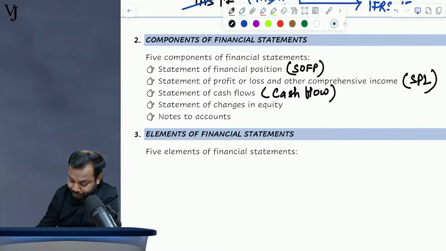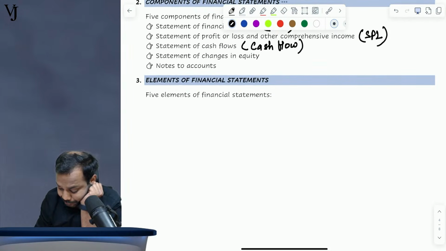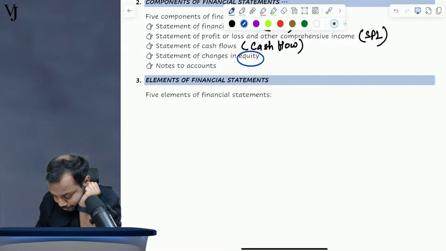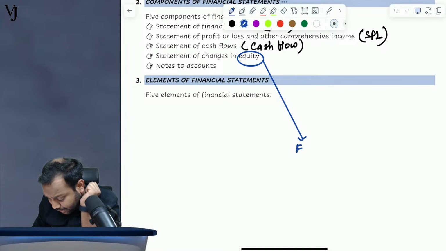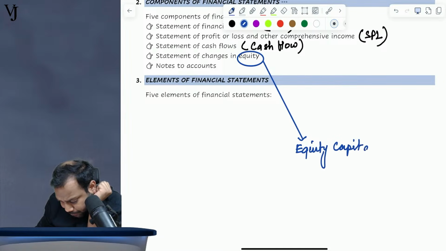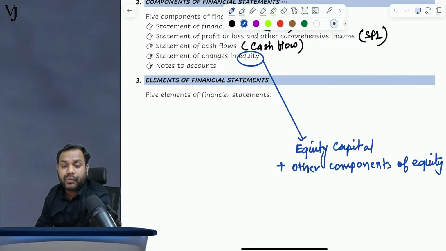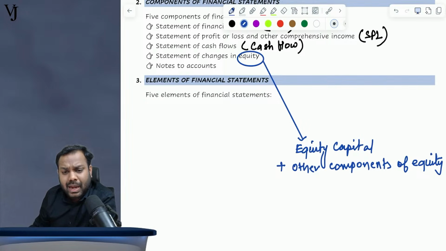Now understand. I need space. Okay, I'll write here. Understand this equity. Equity means equity capital plus other components of equity. Now, equity capital, you very well know, is the number of shares multiplied by the face value.